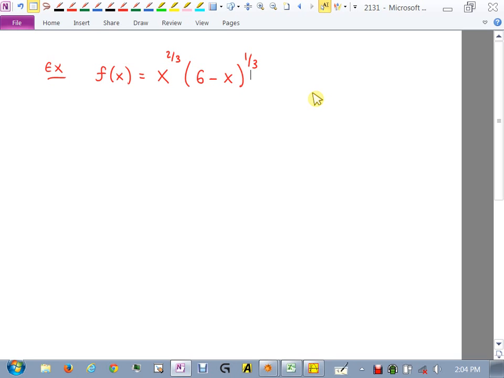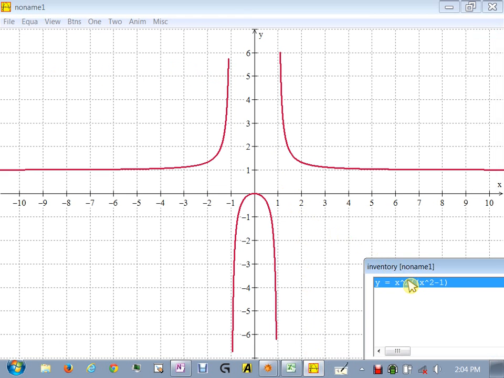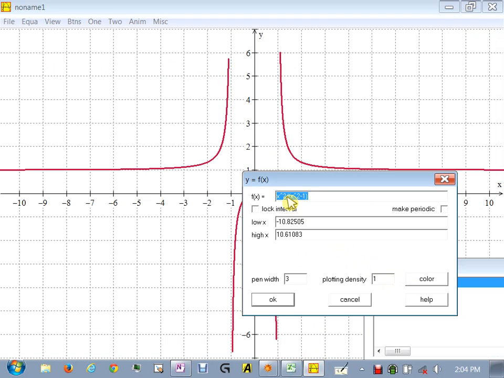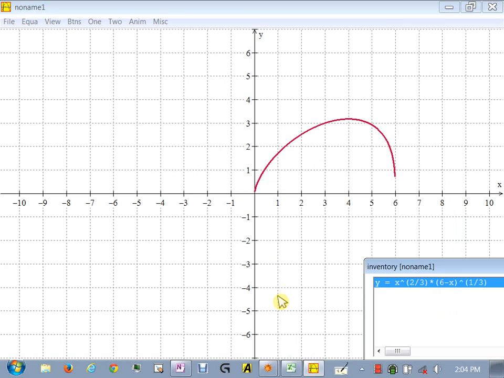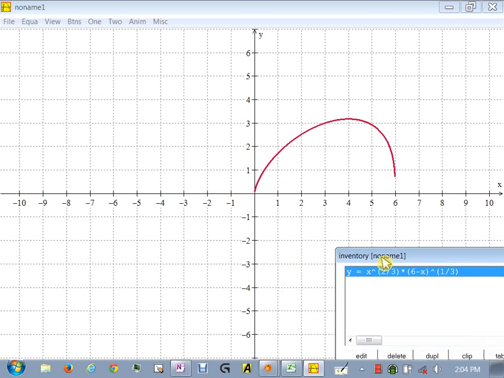Yes? Do you want to look at it first? Okay. Now, I've had some issues before with this thing graphing these properly. X to the 2/3 times 6 minus x, all of that to the 1/3, right? Yeah, it didn't do the negative part of it.